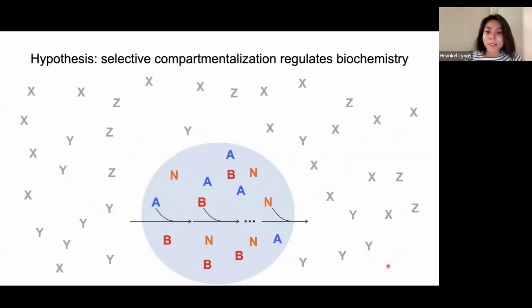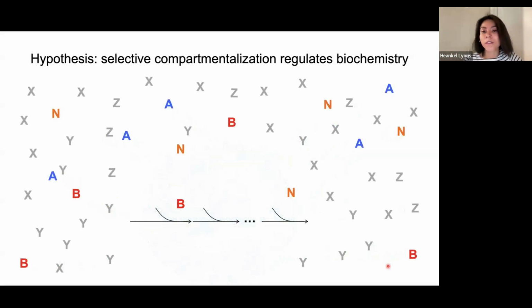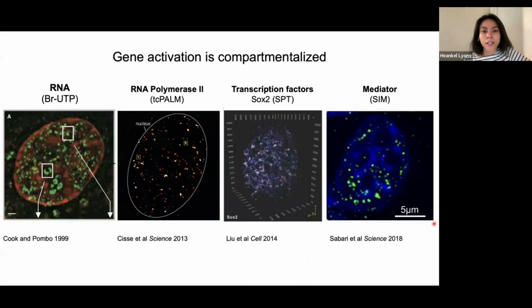And so this actually happens in what we call biomolecular condensates. And the disassembly of these condensates can then lead to the diffusion of the proteins, and this can slow down or inhibit a reaction. And so why do we care about this model or hypothesis in transcription?